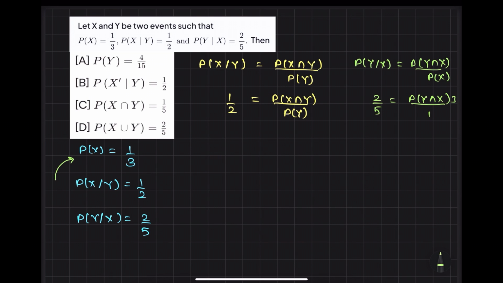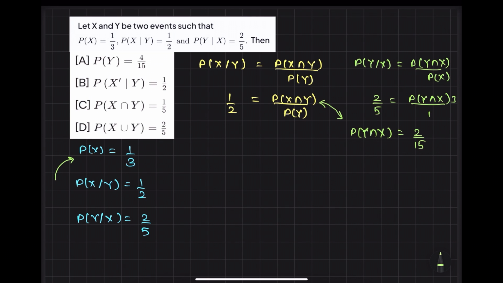So can I say that P of Y intersection X will become 2 by 15, right? And P of X intersection Y and P of Y intersection X is the same thing, no?